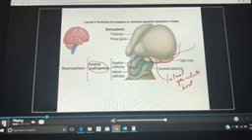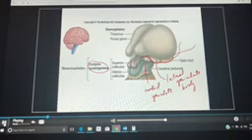You have another bulge here, the medial geniculate body, that's G, and this is in contact or connection with the inferior colliculus, which is for auditory input. So you have superior colliculus, inferior colliculus, and this cohesively is what constitutes the corpora quadrigemina.